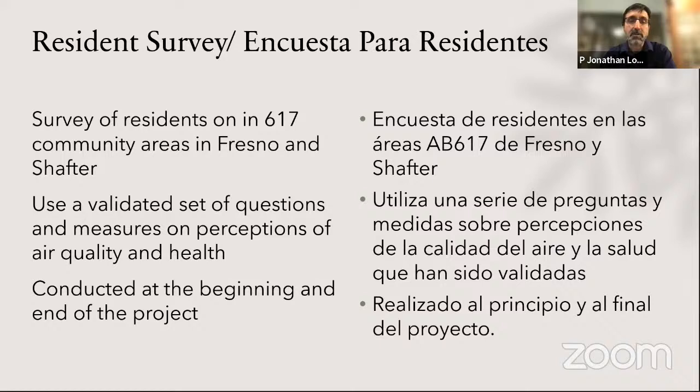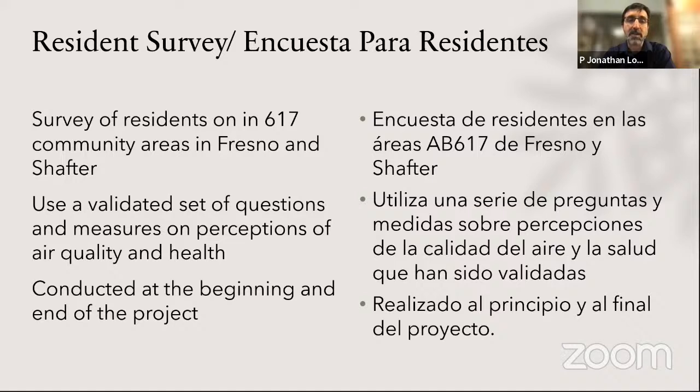The next part will be on surveys, which I should back up. The interviews will be conducted by myself and our UC Davis team. Then this resident survey is being conducted by Naimeen's team with CCEJN. This is a survey of residents throughout the 617 communities in Fresno and Shafter.